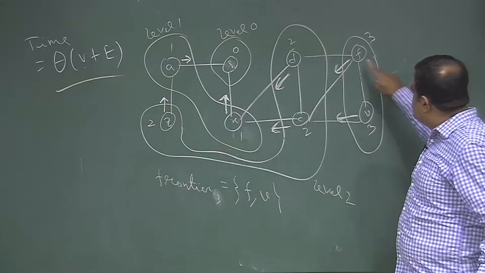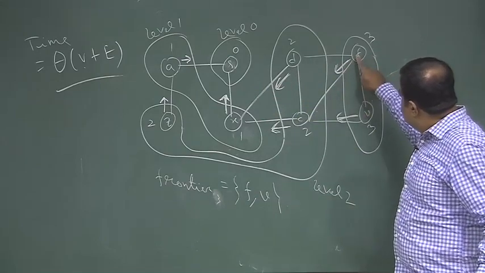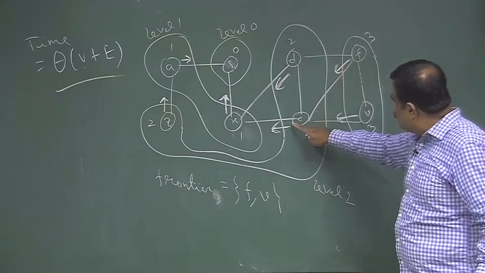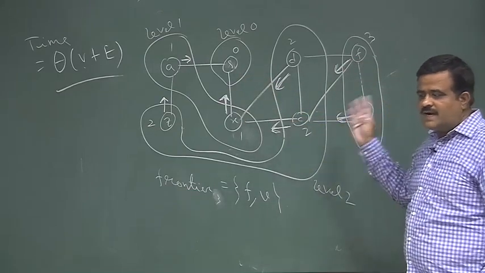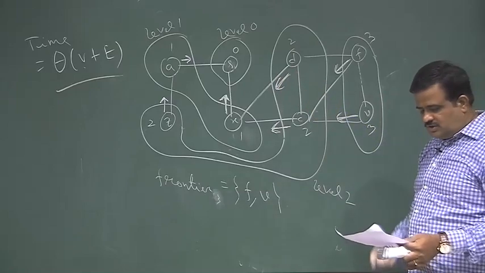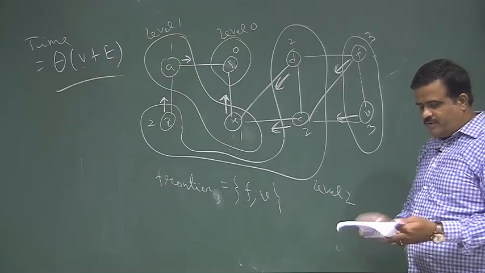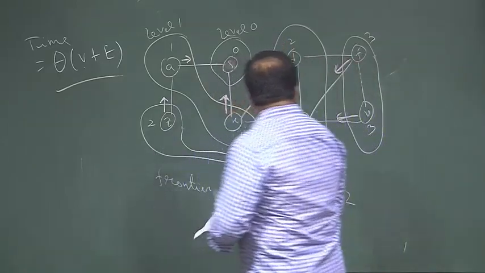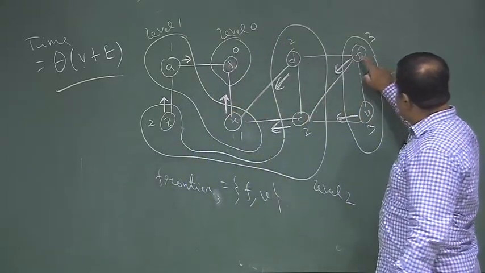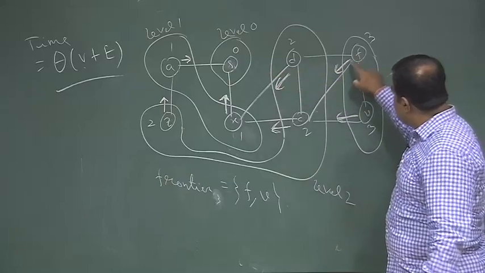So, if you follow this arrow, if we start from a node and follow this arrow, this will give the shortest path from that node to this node. So this is the parent pointer advantage. So how to find the shortest path? Basically, if we want to find the shortest path from S to F, we have to follow this arrow.